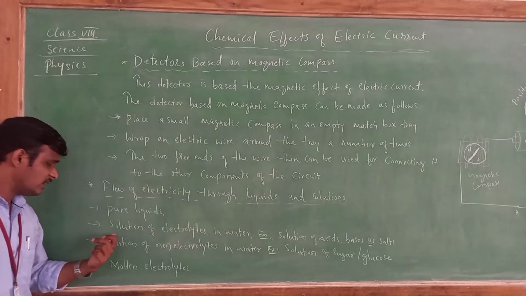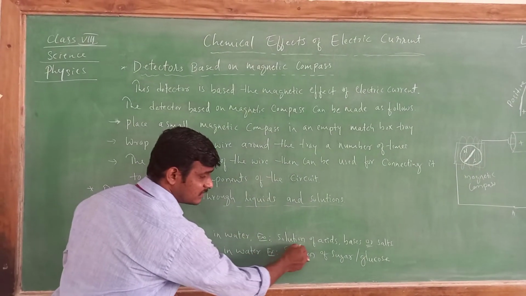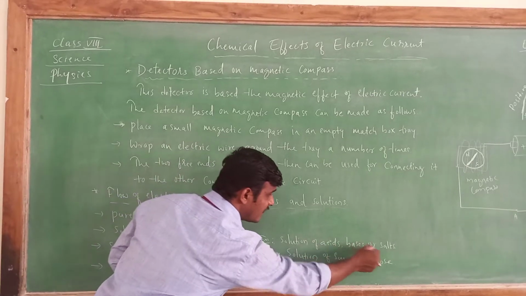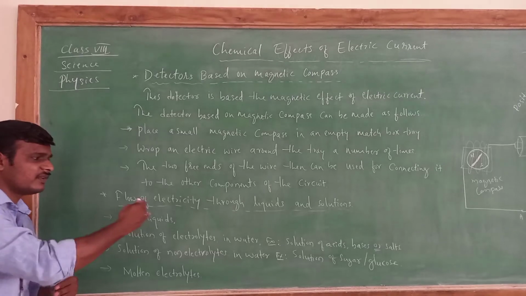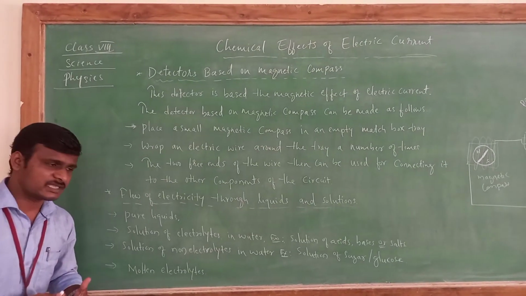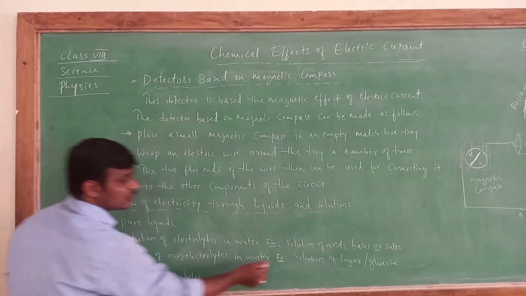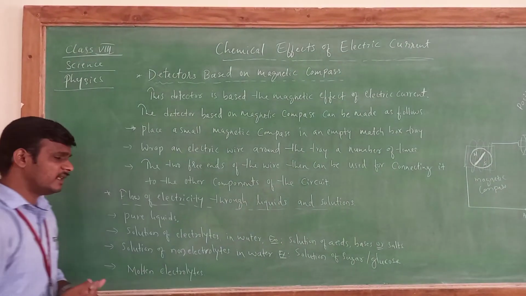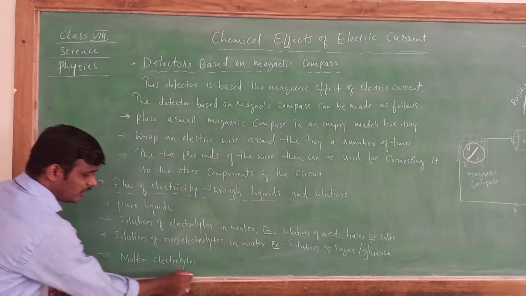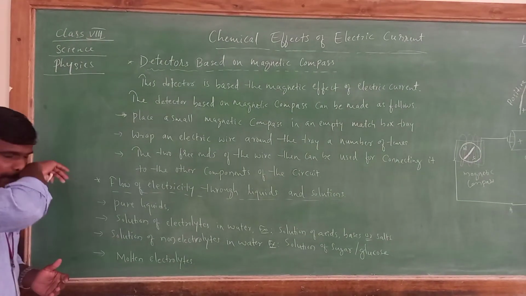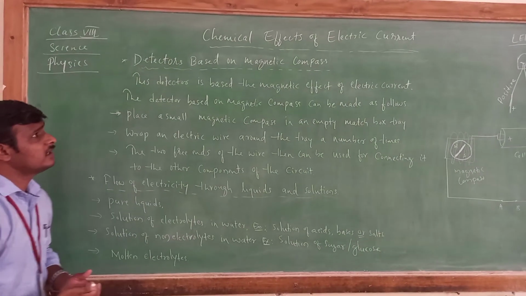In solutions of electrolytes in water, such as solutions of acid, base and salt, the flow of electricity takes place. Then the solution of a non-electrolyte in water, such as sugar and glucose solution. In molten electrolytes also, the flow of electricity takes place.